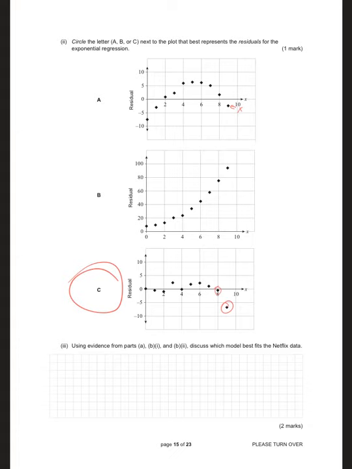Using evidence from parts A, B1, B2, discuss which model best fits the Netflix data. Alright, I'm going to use as much evidence as possible. A shows a clear curved pattern for the residual plot for linear regression.